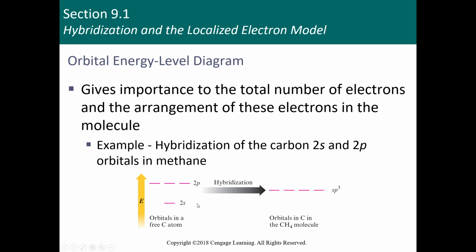Okay, so this means that you would have very low energy electrons and higher energy electrons. So what happens is you have hybridization. This is going to mix these orbitals. These mixed orbitals are going to sort of average these energies. And these should be a little bit lower on average than these orbitals here. And so this is going to give you your hybridized orbitals that you would have in something, say, like methane.